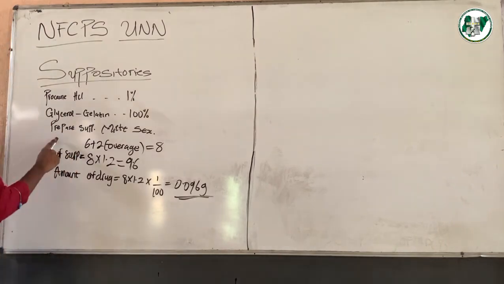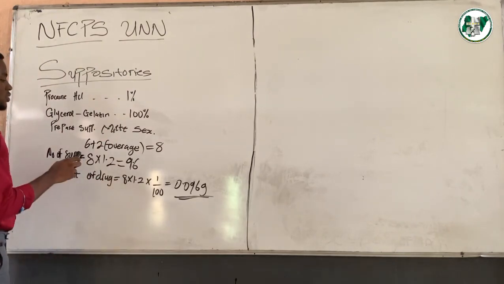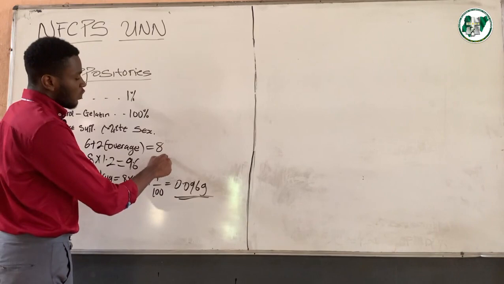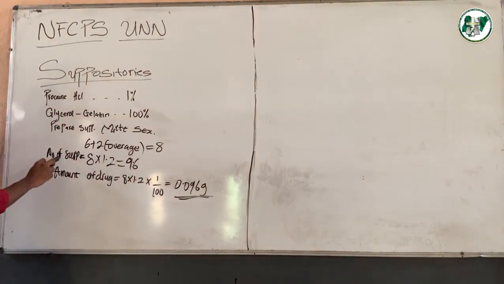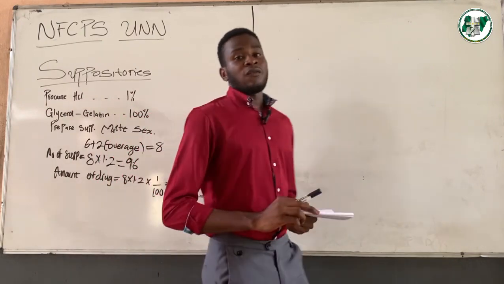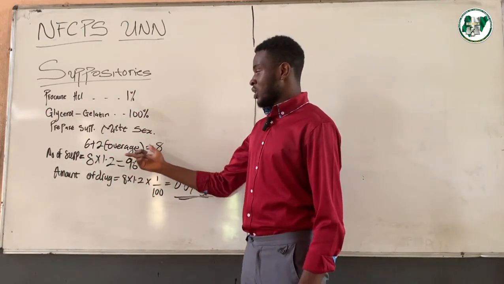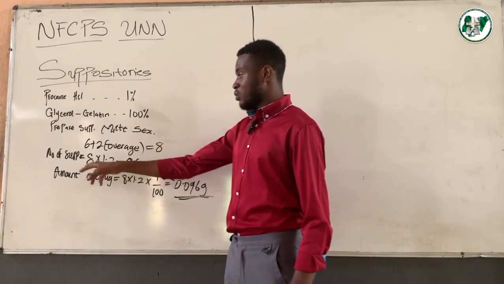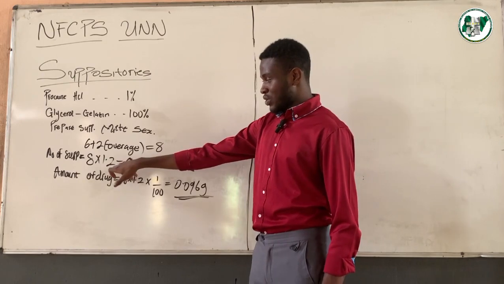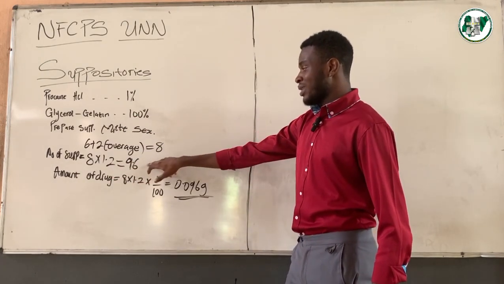Now, this question says we should prepare suppositories and send 6. Because we are sending 6, we are adding 2 as our overage to get a value of 8, right? Now, because the weight of suppository formed by a water-soluble base is 1.2 gram, we are going to be taking that into consideration. So the number of suppositories we are preparing is going to be 8 multiplied by 1.2, which gives us 9.6.